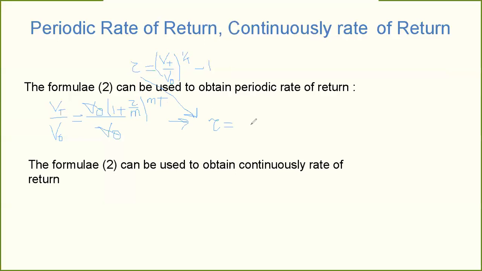Who would like to say this formula? 1 plus R divided by m to the power of m minus 1. Well done. Thank you very much.